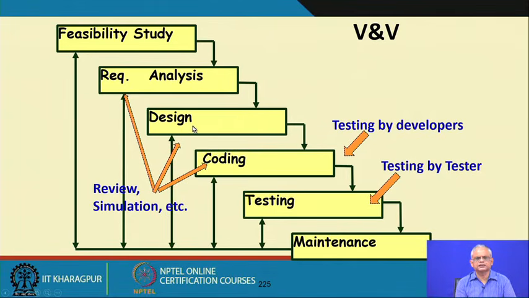The design document is reviewed, the code is reviewed, and it may be necessary to simulate these, and these are all done by the developers. So, in the initial stages, the testing is done by developers, but during the testing stage, where the integration and system testing is carried out, the testing is done by the testers.